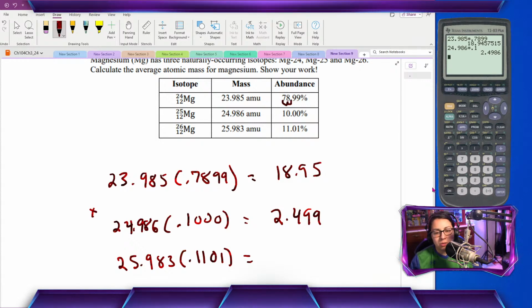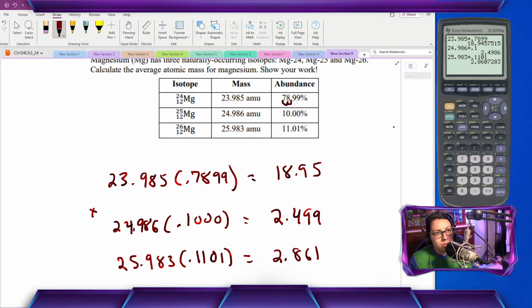And then our last one, again 4 sig figs. So 2.86, and then that rounds to 1. All right, now we have this set up.